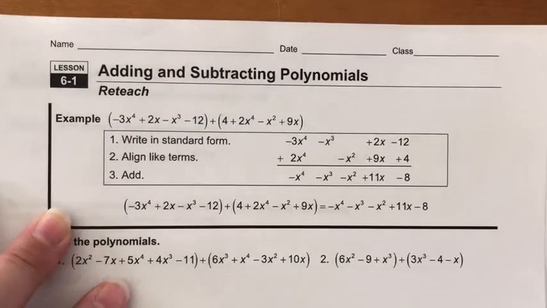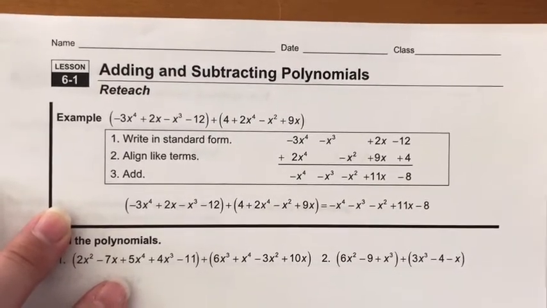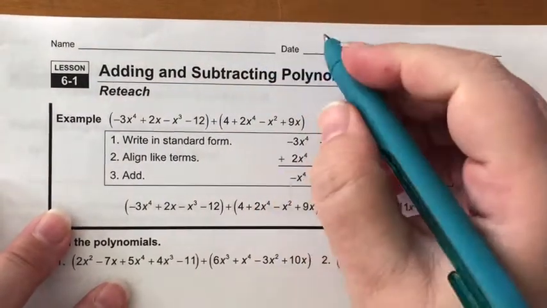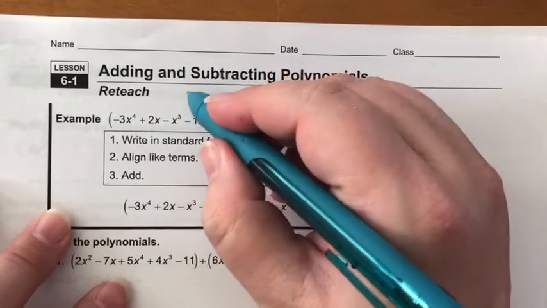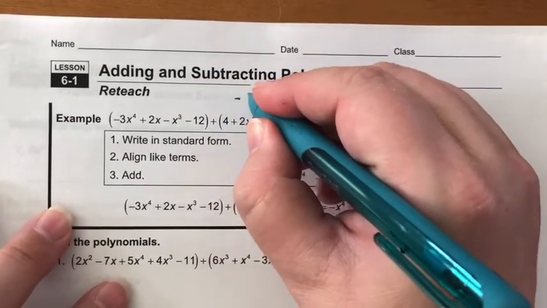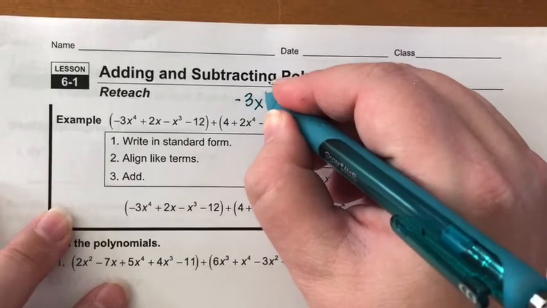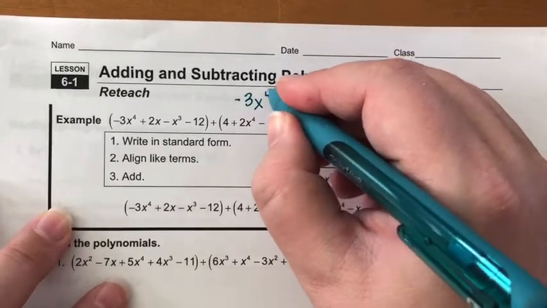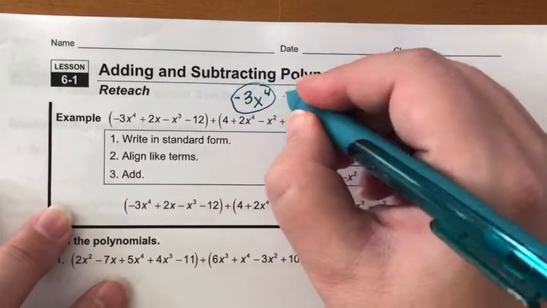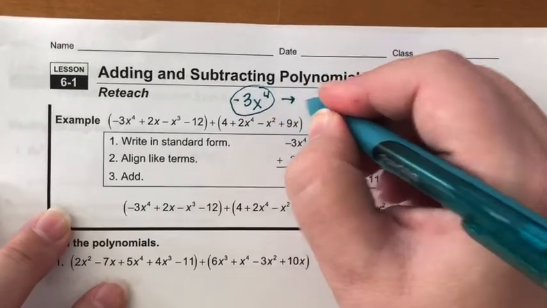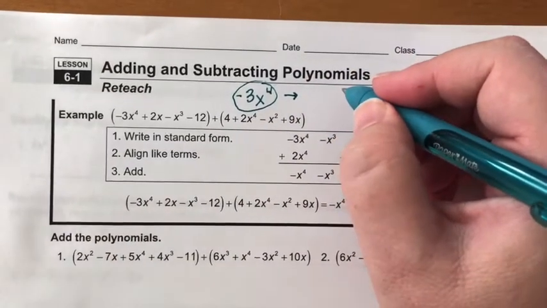So here's some vocabulary. You're going to write down everything that I write down. If I just had something like negative 3x to the fourth, just this thing, so there's one variable, one thing there, that is called a monomial.